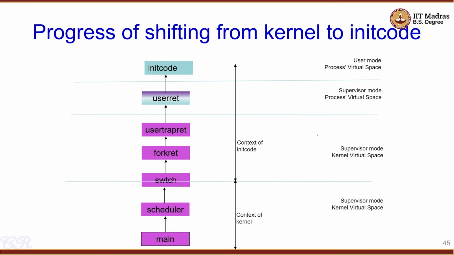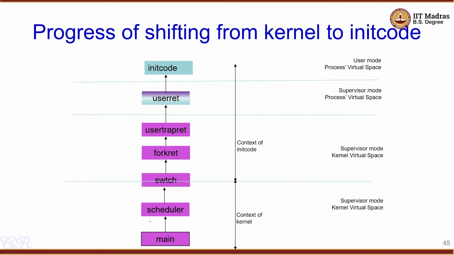If we just focus on this part over here, it shows the transformation from main to finally when the init code executes. The green part says that the process is executing in the user mode, while the pink parts tell you that the kernel is executing in the supervisor mode.